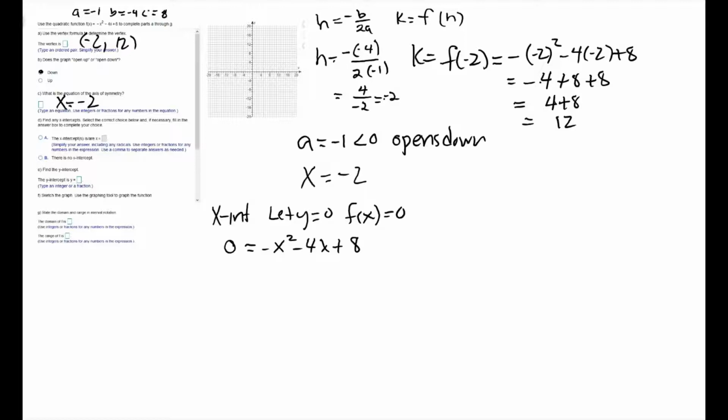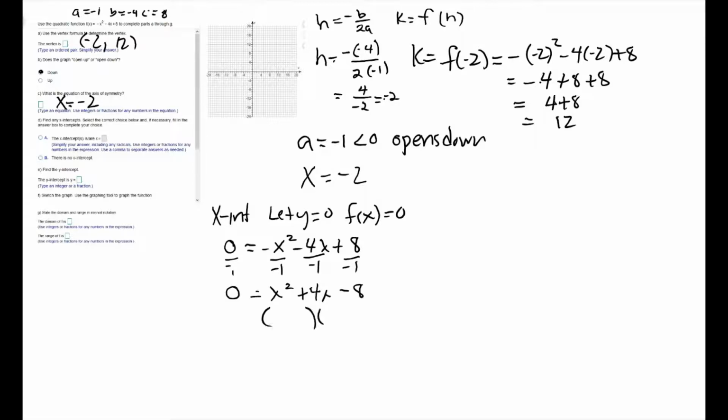I'm going to try to factor this, but I don't like to factor with a negative in the front. So I'm going to divide every term by negative 1 to get rid of that negative. So 0 equals x squared plus 4x minus 8.